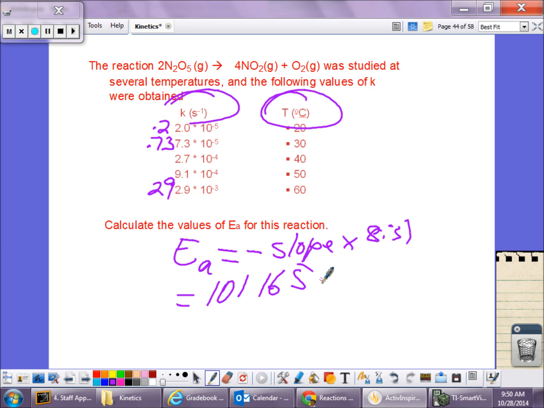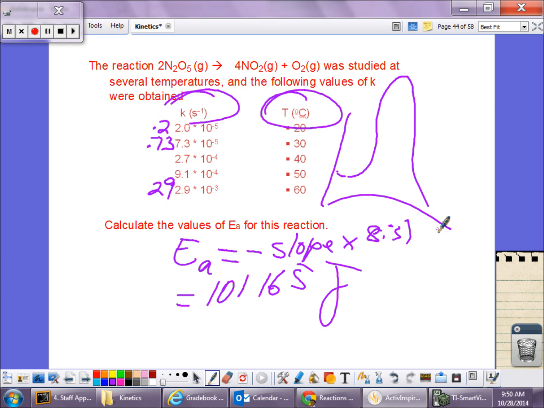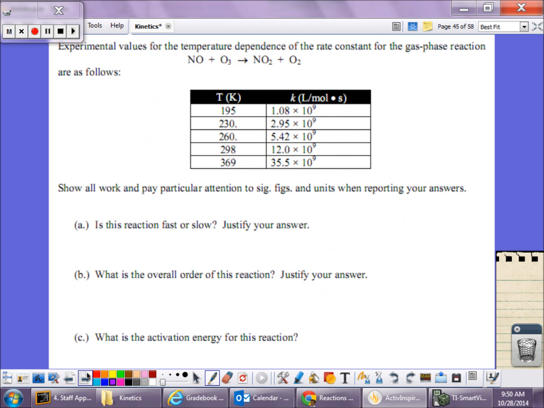When you have an energy diagram with a high activation energy, that means the reaction is slow. If it has a low activation energy, it is faster. Now, let me show you different maths. I'm not going to solve this problem.